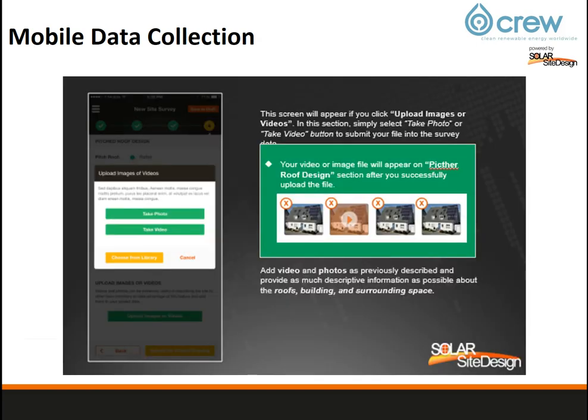Team, this is the most important part of our data collection, your eyes and ears. Give us as much data. There is only so much we can see in the satellite imagery, but if you're at the commercial site, you're looking at the building, or you're looking at where we can place the ground mounts, take a photo, take a video of that site. That is really helpful for us.